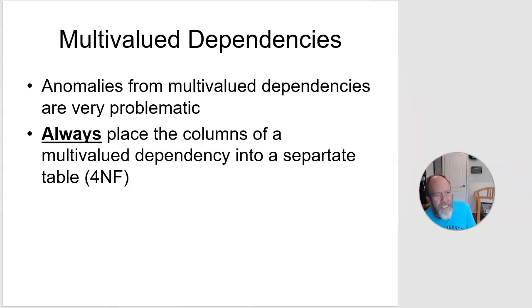Now, multi-value dependencies. This is one of those things where you kind of have to make a decision: do you separate tables, or don't you? And this is a design decision. Let's say I've got 2 phone numbers.